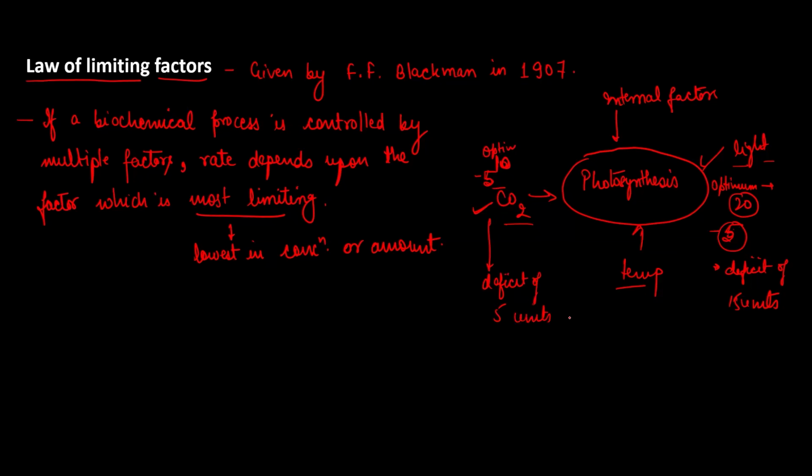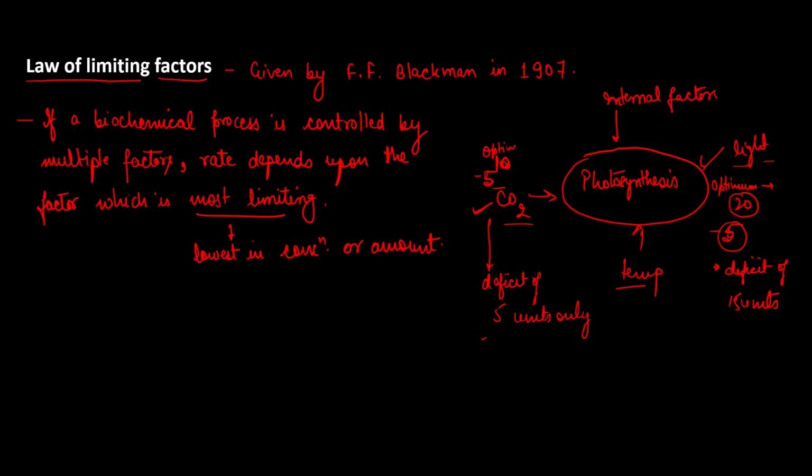So here the deficit is 5 and there it is 15 units. So light will be the rate limiting factor, because there is the highest deficit of light. This is how it works. So if we talk about a limiting factor, we see it in terms of the optimum concentration first: what is actually required and how much it is getting.